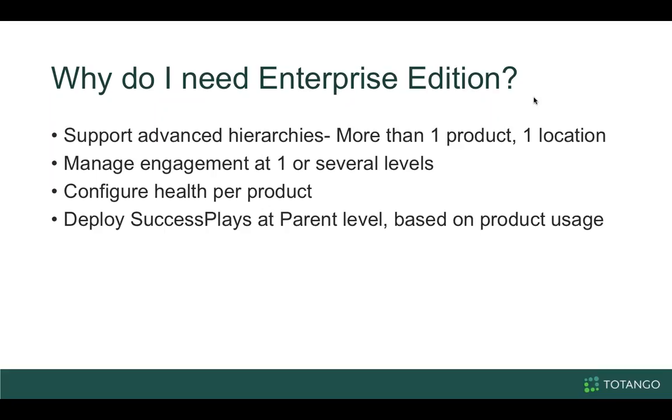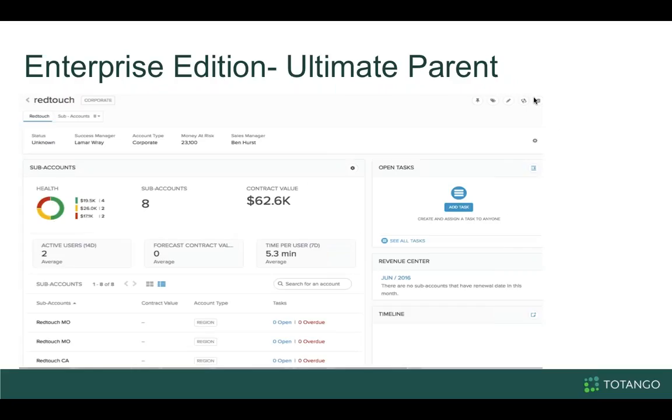So you can have multiple health profiles for one product. And then you can also deploy success plays at the parent level based on the usage of those children and those products, the lowest levels. So just a real high level, a few things that it touches on. I'll show you a few quick screenshots before we actually jump into a demo instance.